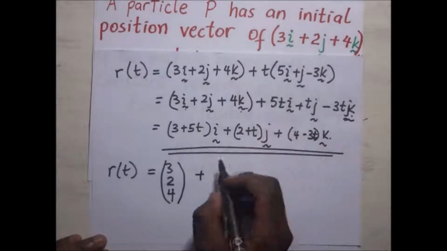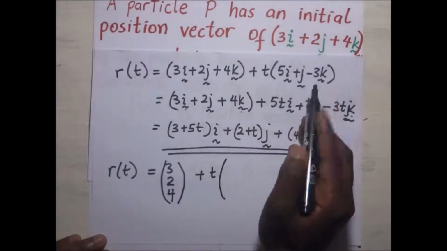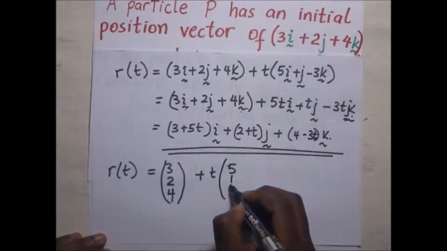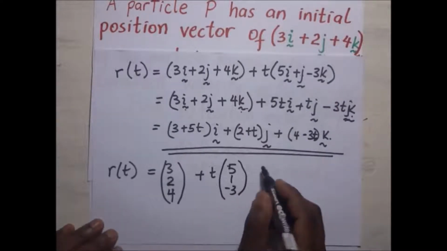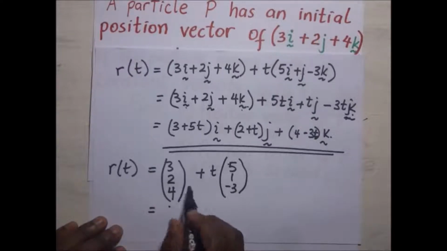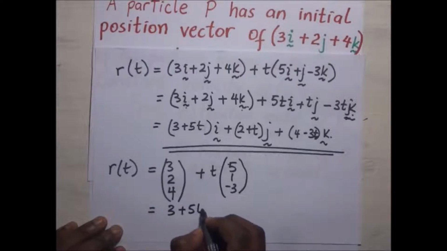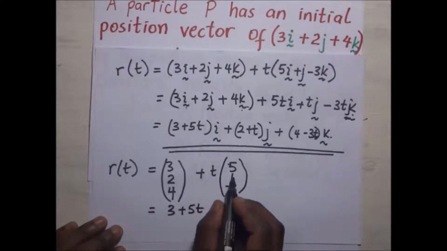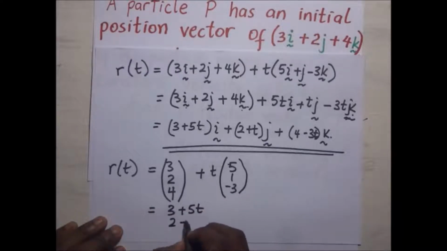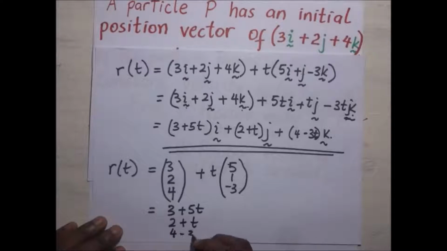Plus t outside, times 5, 1, negative 3. And still this would lead us to 3 plus 5t, 2 plus t, then 4 plus negative 3t, so it is 4 minus 3t.